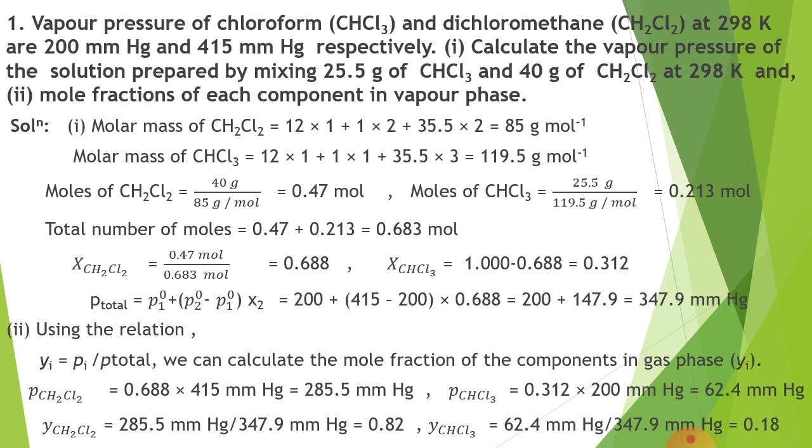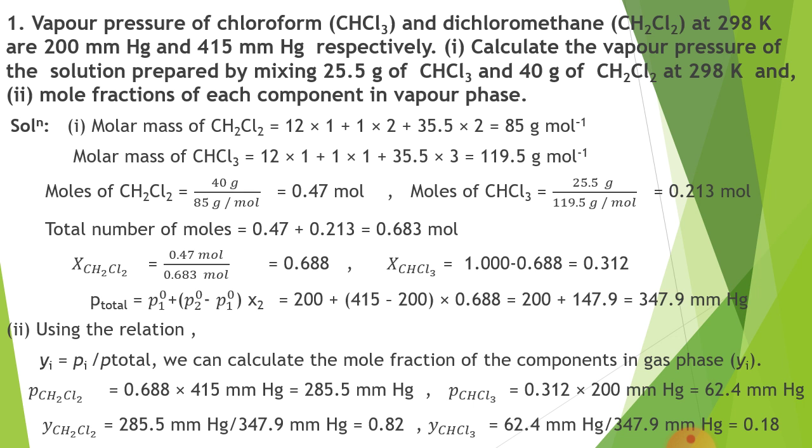We get 0.82. Similarly, the vapor phase mole fraction of chloroform equals the partial pressure of chloroform divided by total vapor pressure. This will give 0.18.